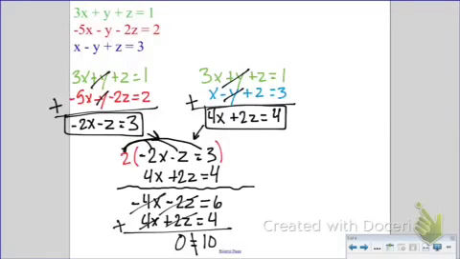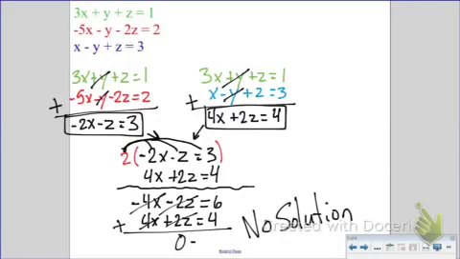If you end up with a 0 equals something else, then you know it's going to be no solution. But let's just pretend that the problem had said equals 0, then that would have been infinitely many solutions. But this one says equals 10, so it's no solutions.